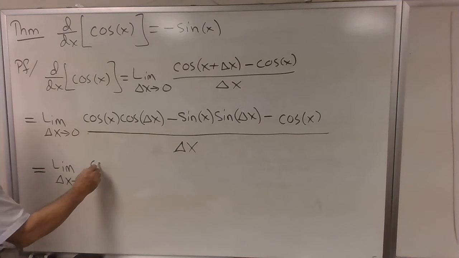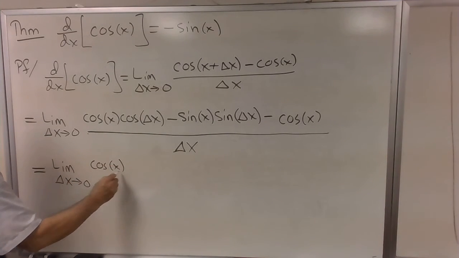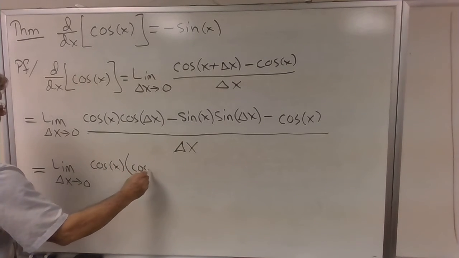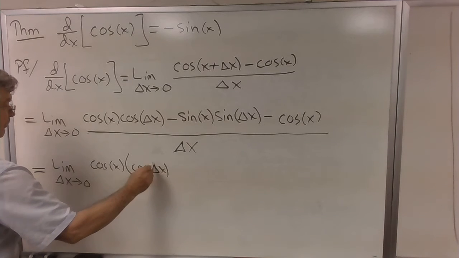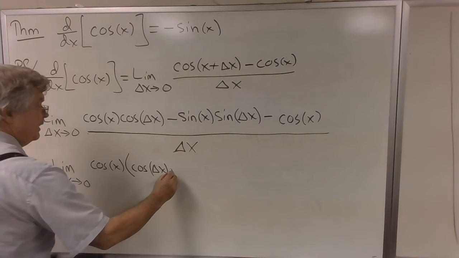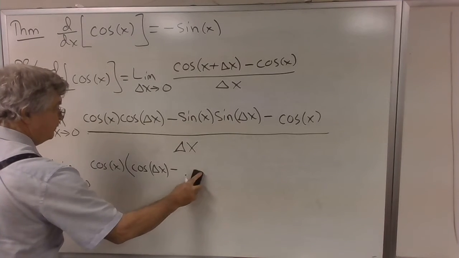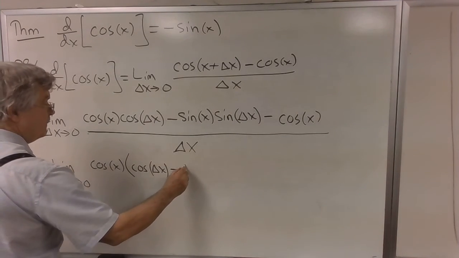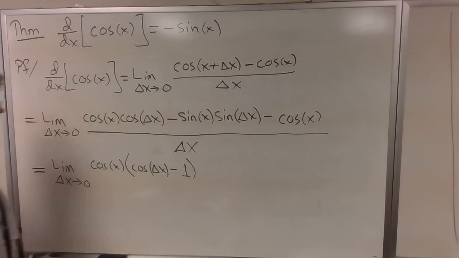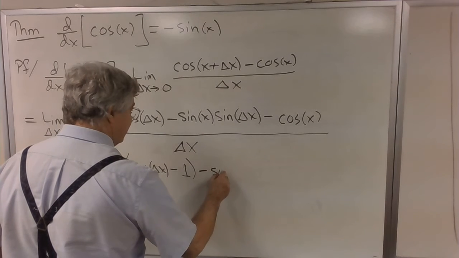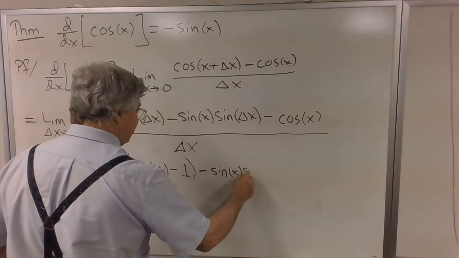I'm going to factor cosine of x from the first term and the last term. Whoops. So I'll get minus 1. And minus sine x sine delta x.